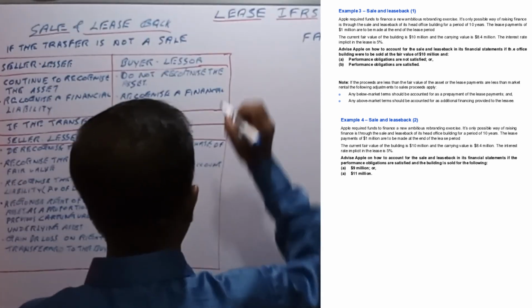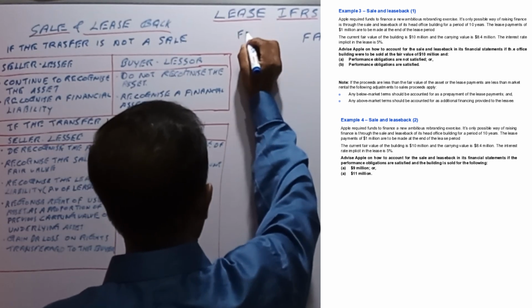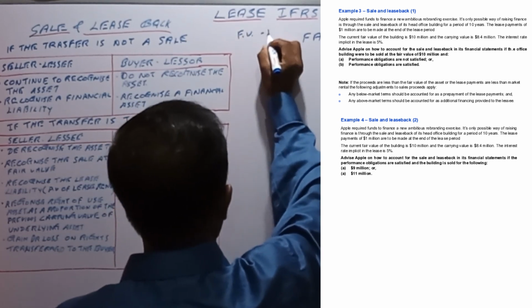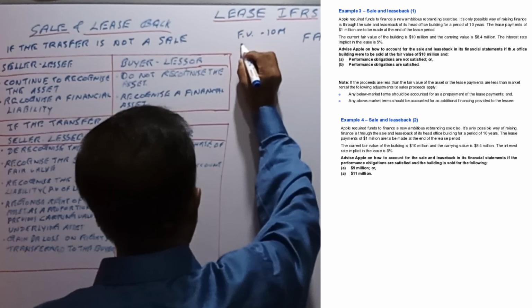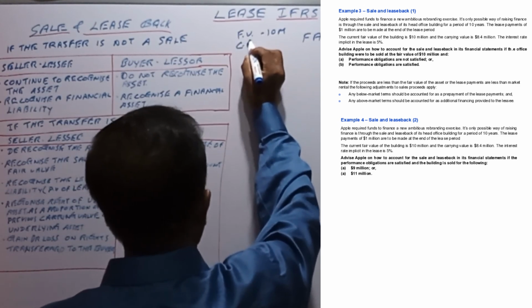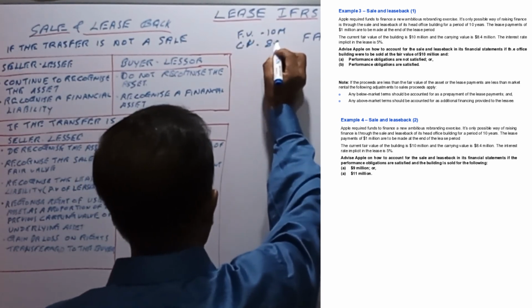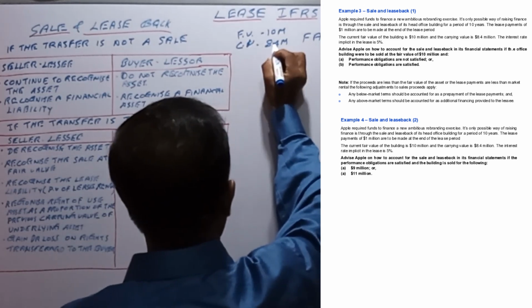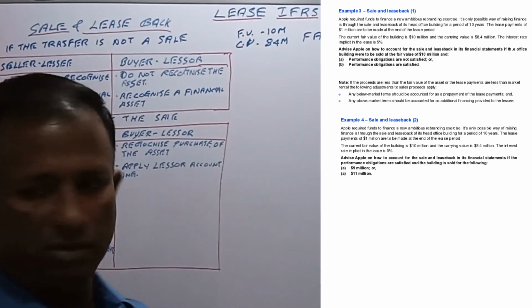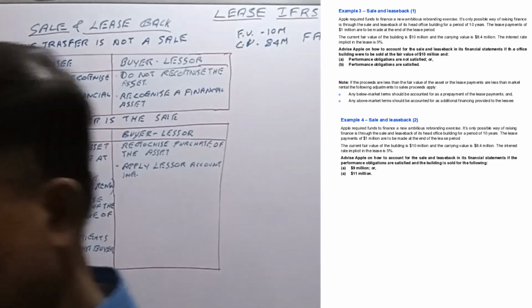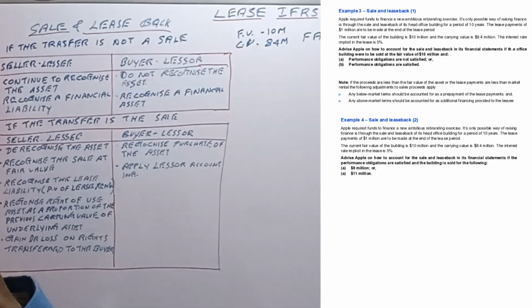Fair value 10 million, carrying value 8.4 million. Fair value 10 million and carrying value is 8.4 million.